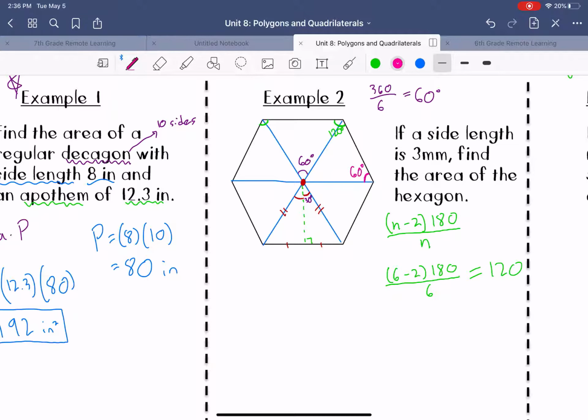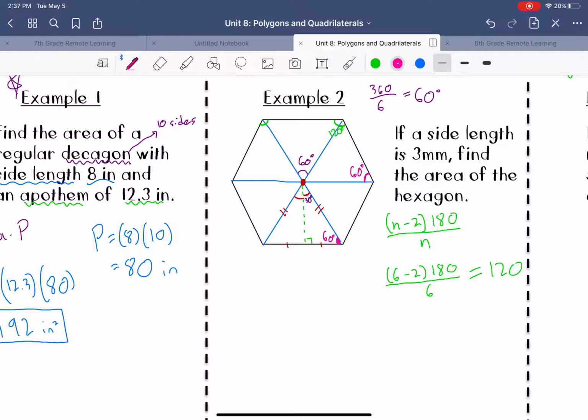Or I could say, with my drawn apothem, this angle right here is 60 degrees. Okay, so those two attributes are going to be used a lot. You're going to be asked to find half of the central angle or half of the interior angle a lot, because we want to use these right triangles. We can do a lot of things with right triangles, and we need the apothem, which creates right triangles. So it's really important that you understand how to find all of those angles.